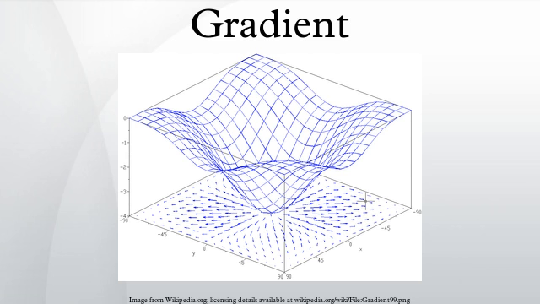Gradient of a vector. In rectangular coordinates, the gradient of a vector f is as defined by the Jacobian matrix. In curvilinear coordinates, the gradient involves Christoffel symbols. See also: curl, del, divergence, gradient theorem, Hessian matrix, skew gradient.